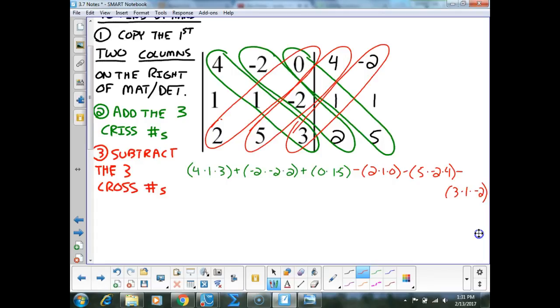Okay, so that gets me 12 plus 8 plus 0 minus 0 minus -40 minus -6.